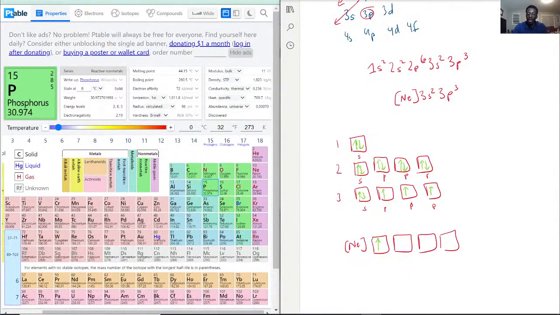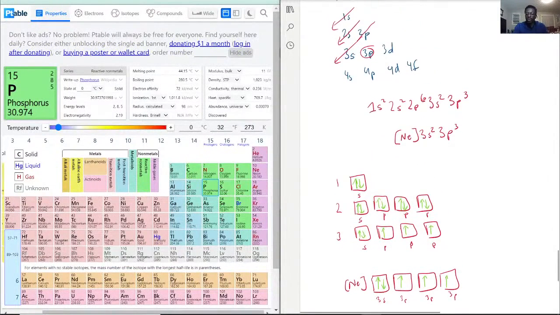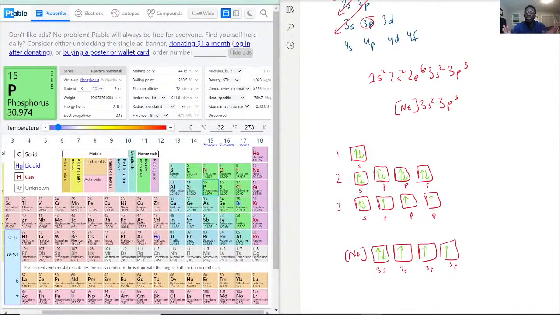And then we have the s, that's done. Then we have the 3p3. So now this is our 3s, 3p, 3p, 3p. So we've successfully drawn every form for shorthand and longhand.